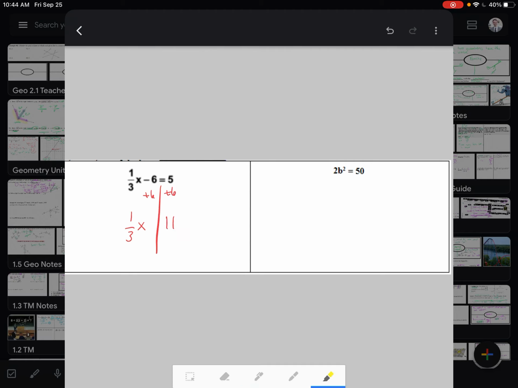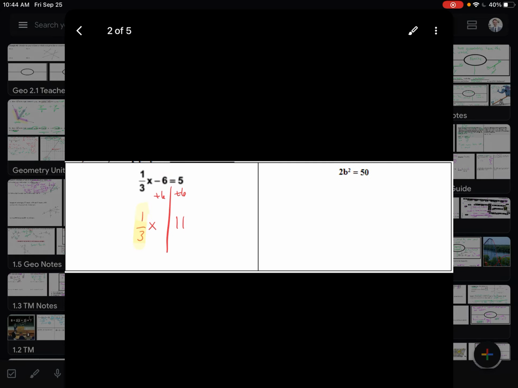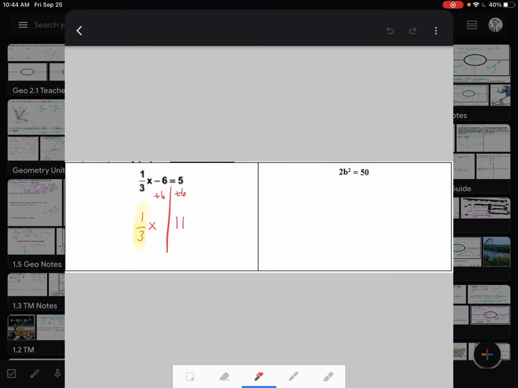Now we have our fraction here, so time to take our reciprocal, and a reminder that the reciprocal is just that same fraction but flipped. So we're going to be multiplying both sides by 3/1. Here on the left we'll get 3/3 x, and then on the right we'll get 33/1.